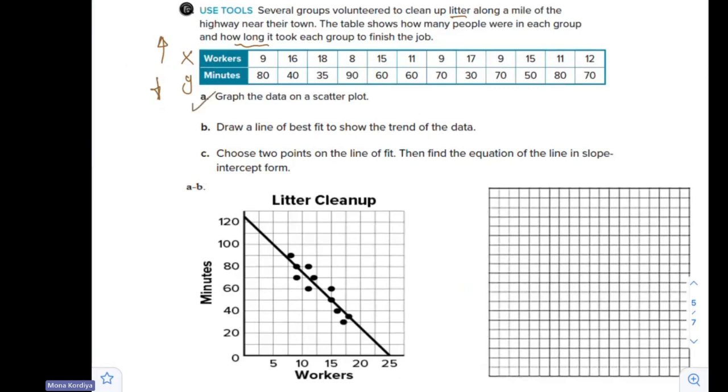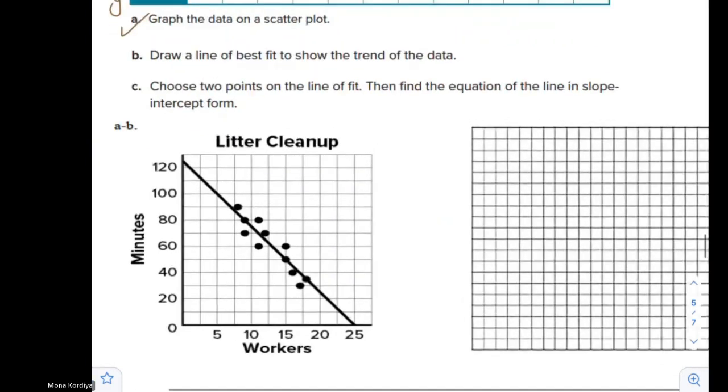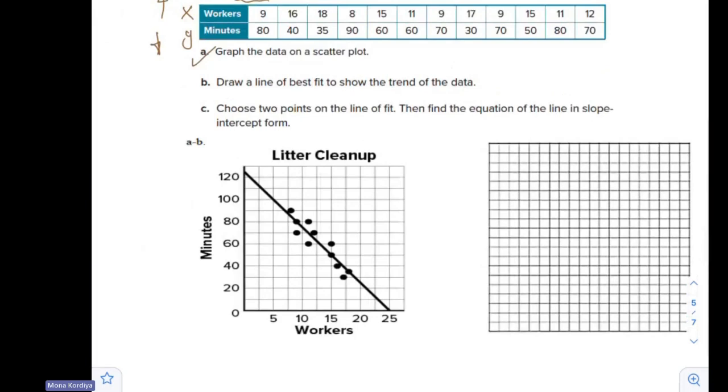So first, if you graph here, you will choose a good scale. And here, I'm graphing already in front of you. The graph is ready. Choose a scale 0, 20, 40, or if you want 0, 10, 20, 30, 40, or 5, 10, and so on. And for the x-axis, the workers, you can also use another scale.